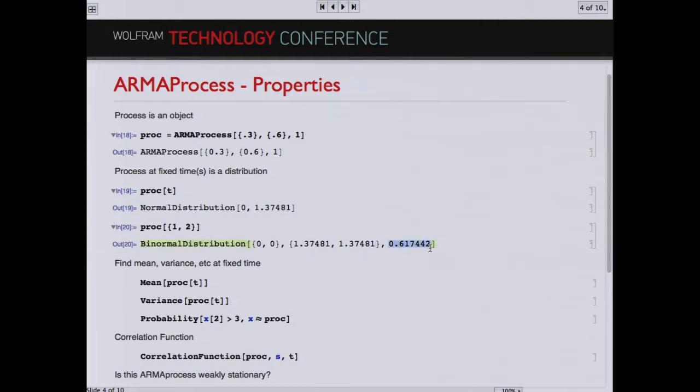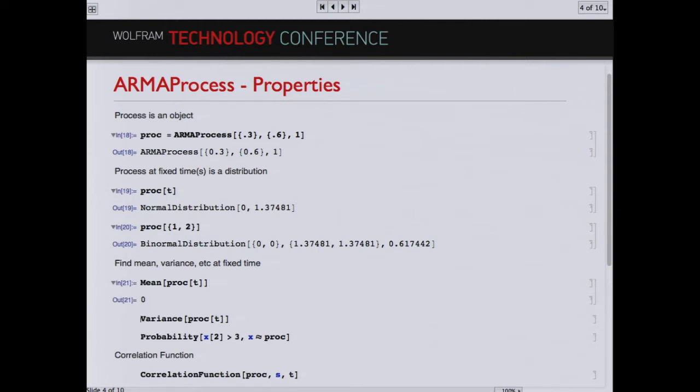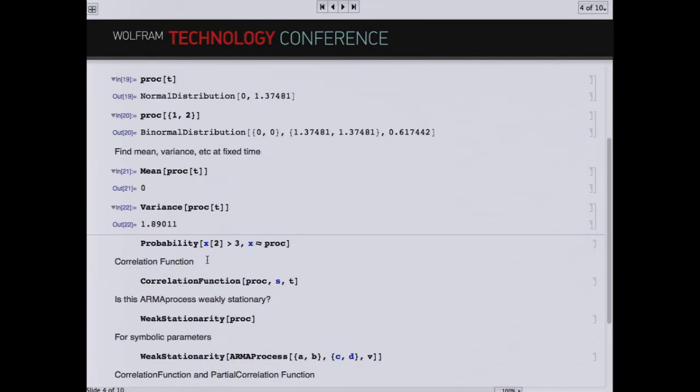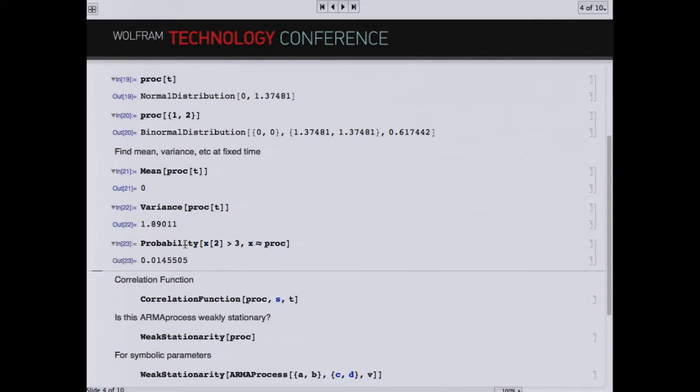What you observe here is that there is a dependence, so we don't have just a bunch of independent random variables running around. So the things work from statistics: mean, variance, and, interestingly, the probability that at time 2 the value of the process is larger than 3. We used to be able to do this with x distributed as a distribution in version 8, and now we have x distributed as a process, so we can run all these properties on the process.